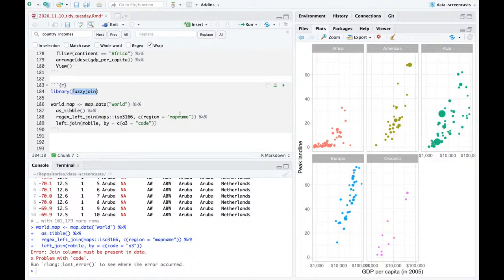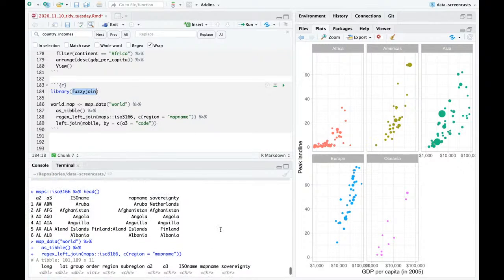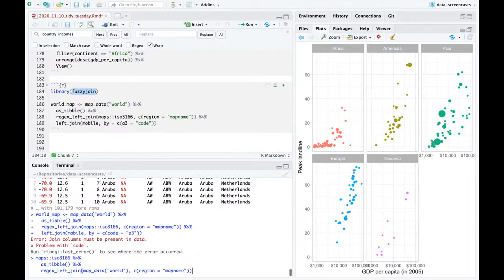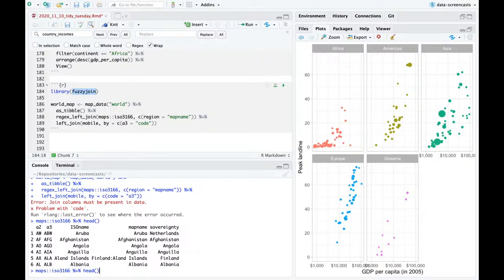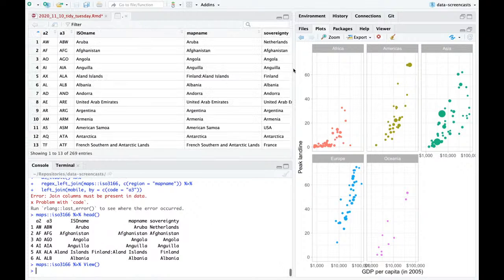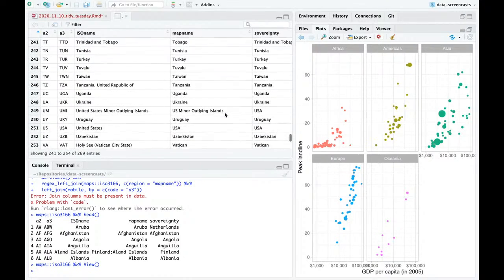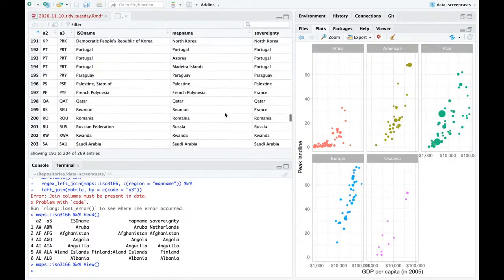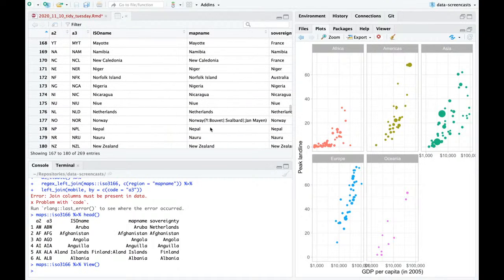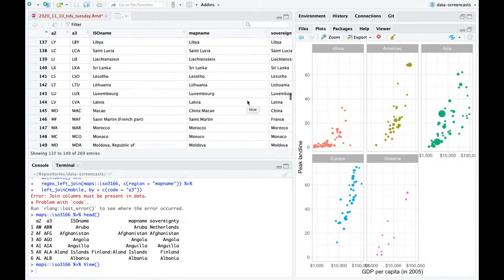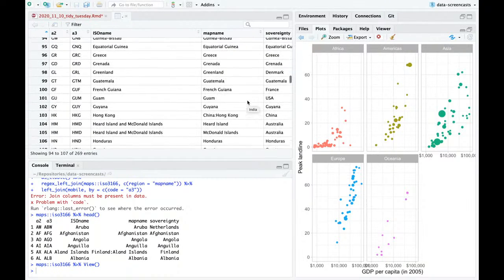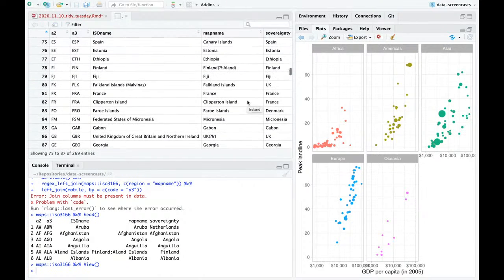Fuzzy join is a package. It's actually one that I maintain that is good at this. Take a look at this maps ISO table. It has a regular expression in the map name for some things. Where's an example? Yeah, here's an example where it actually has a regular expression that matches it to the map, and I have to apply that regex.